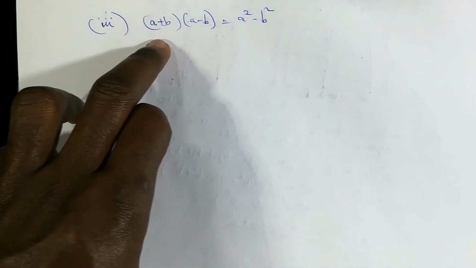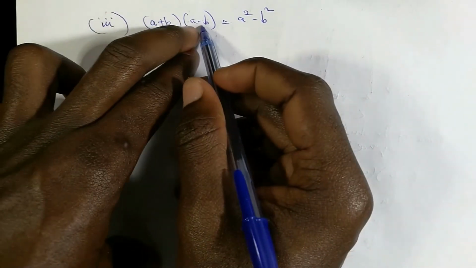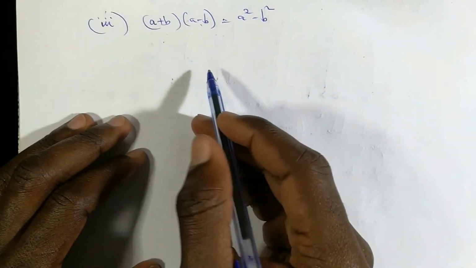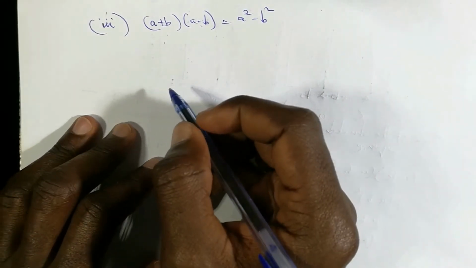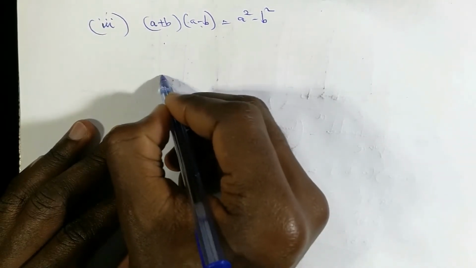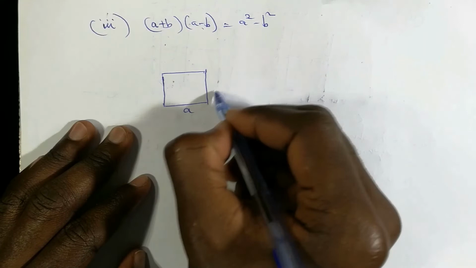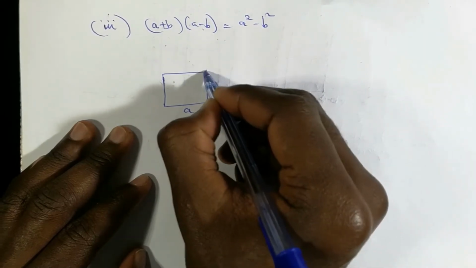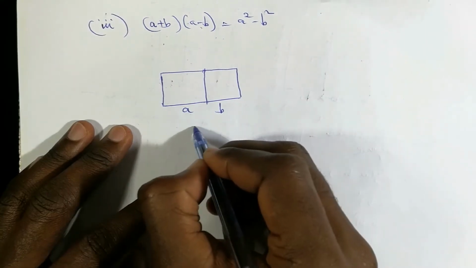We need to bring that, so we are going to get a plus b and a minus b in a figure. Let me first make a side a here, add another b. This is simple for this matter. I say b, so that here I have a plus b.